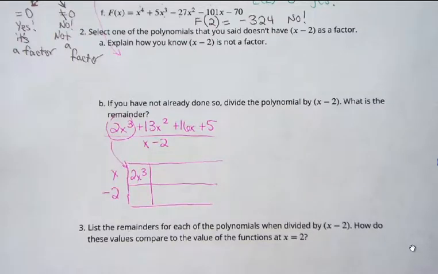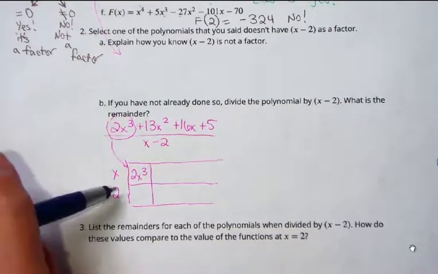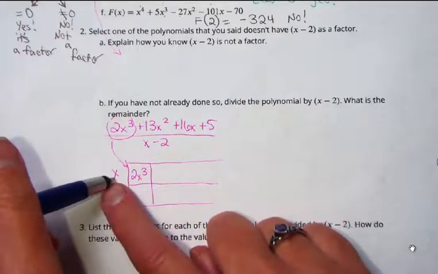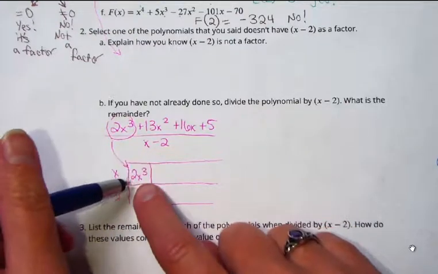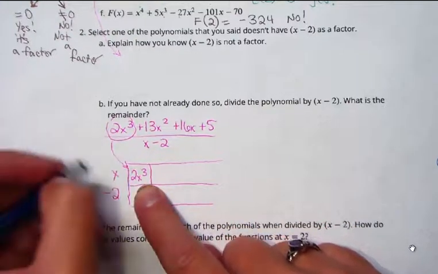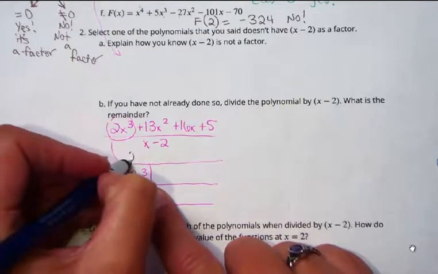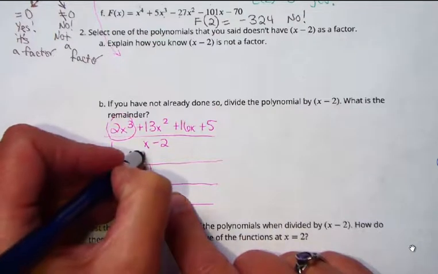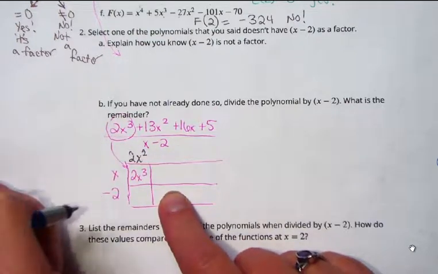There's my setup. Now I start working my polynomial division. X times something to get to 2x to the third. Well, I need a 2. And I need 2 more x's. I need another x squared here.